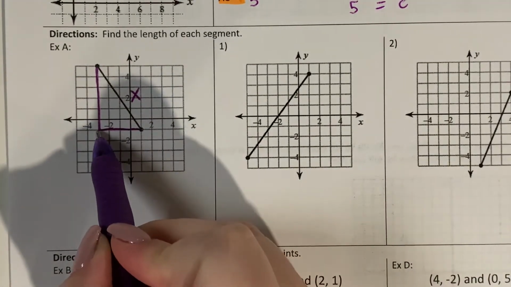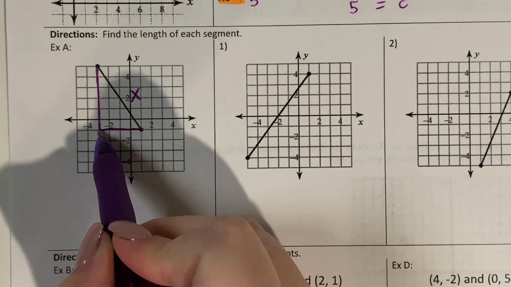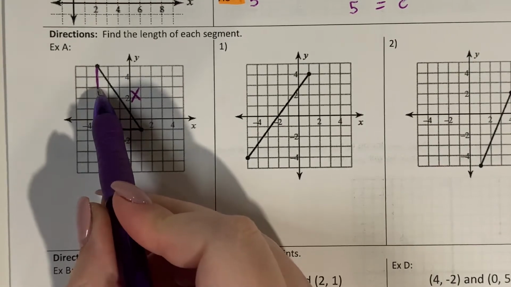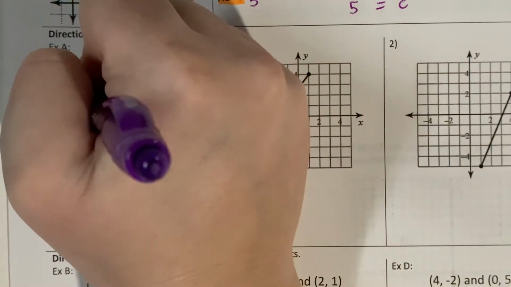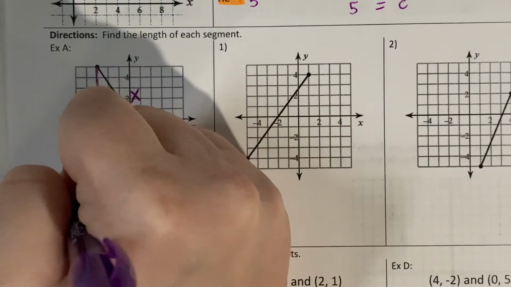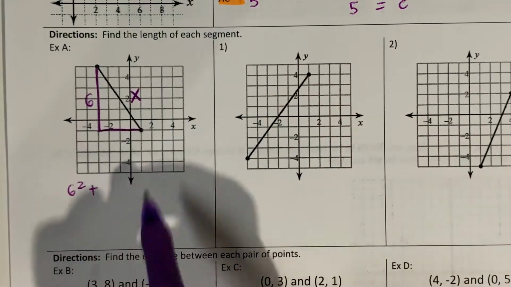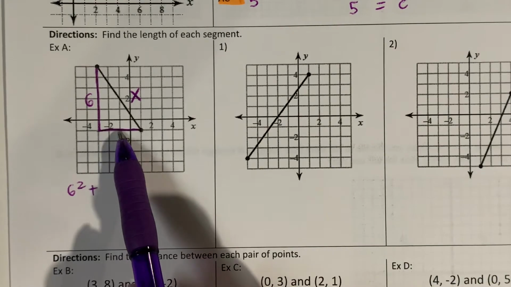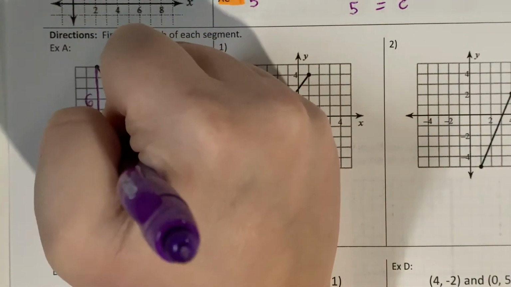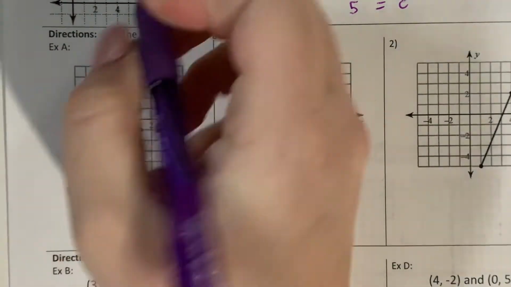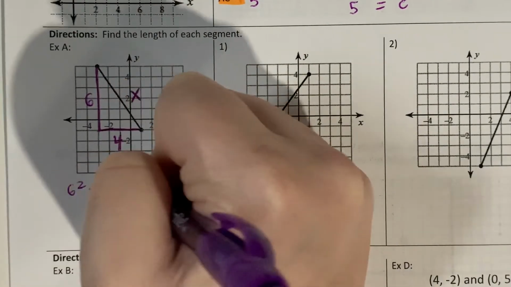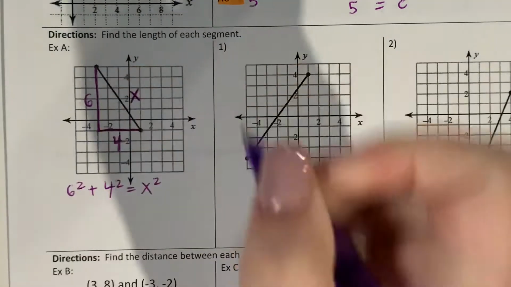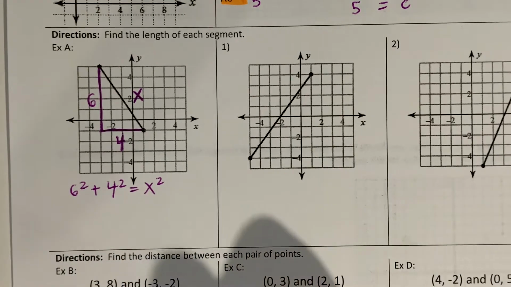So one of my legs here is going vertically, and it's 1, 2, 3, 4, 5, 6 units. So one of my legs is 6, so I'll have 6 squared plus. My other leg is 1, 2, 3, 4 units. So I'll have 6 squared plus 4 squared equals my unknown diagonal length, x squared.